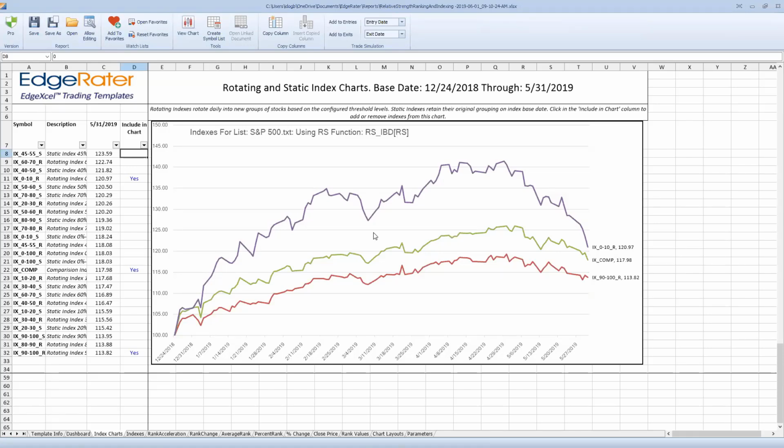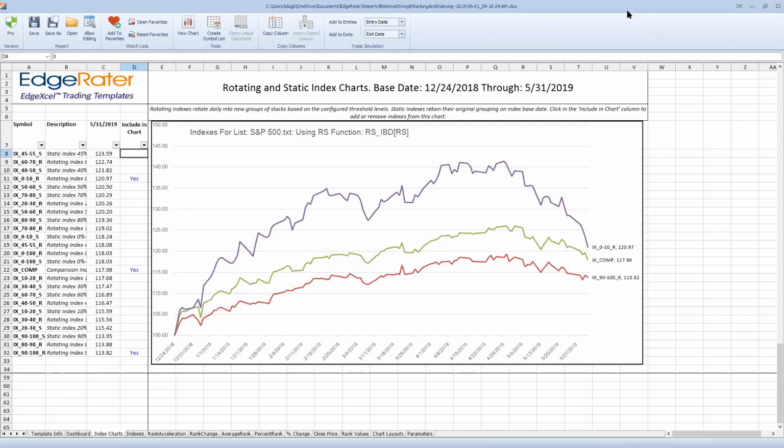So potentially what is happening here is that you've got some of those really low-ranked stocks have made big moves. And that's potentially why the 0 to 10s are outperforming. But also it's interesting to see that the 90 to 100 is actually underperforming the SPY in this case.